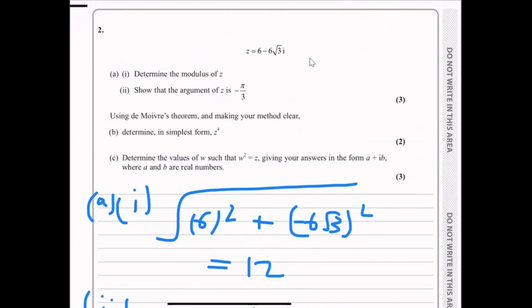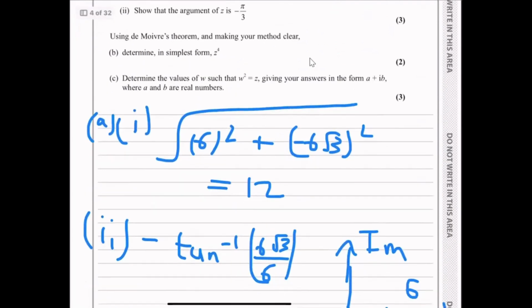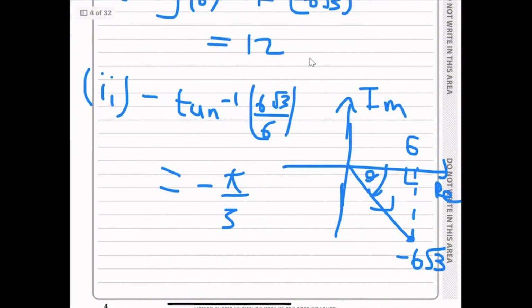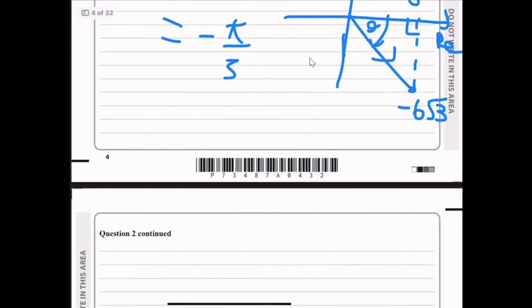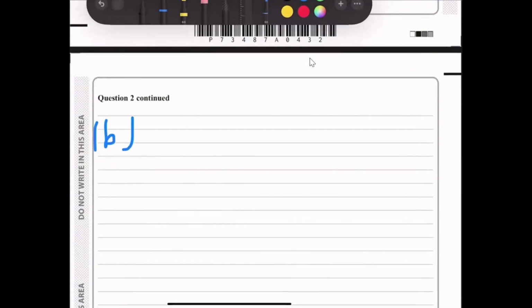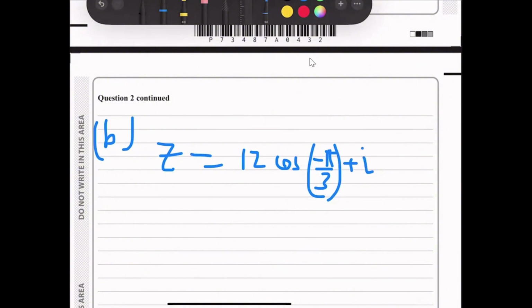So z to the power 4. You can write this in the modulus argument form. You have the modulus and the argument, so you can say z is equal to 12 cos minus pi by 3 plus i sine minus pi by 3.